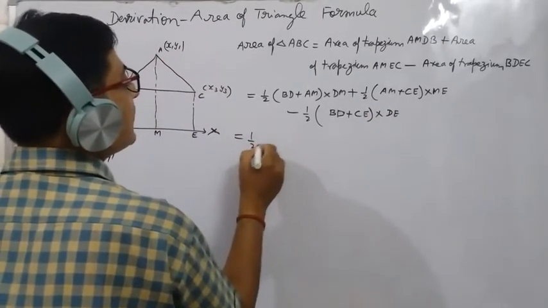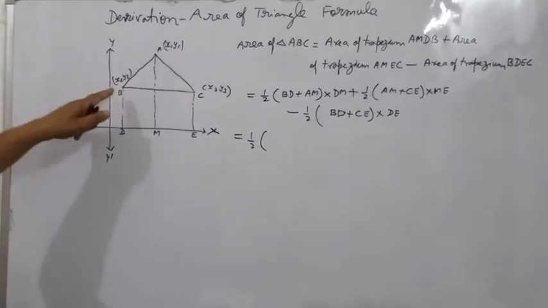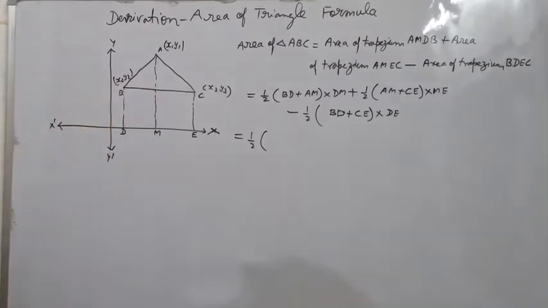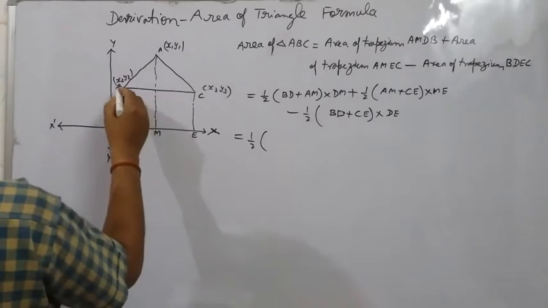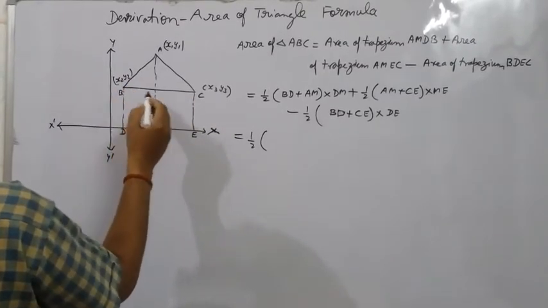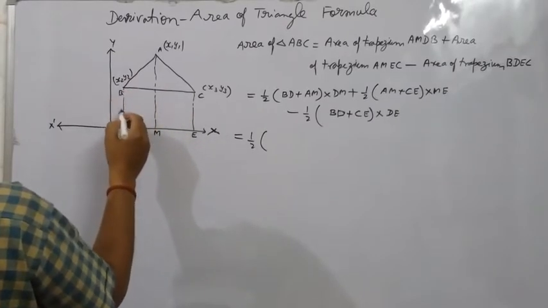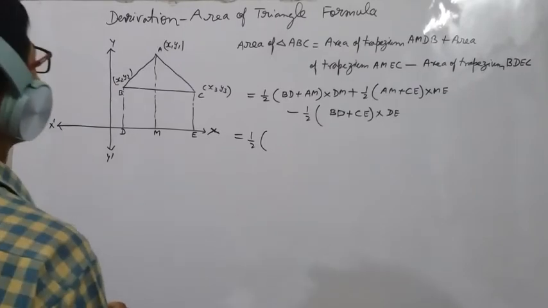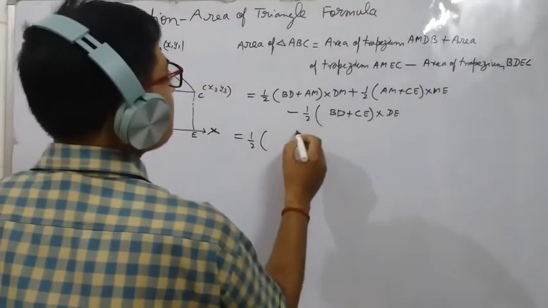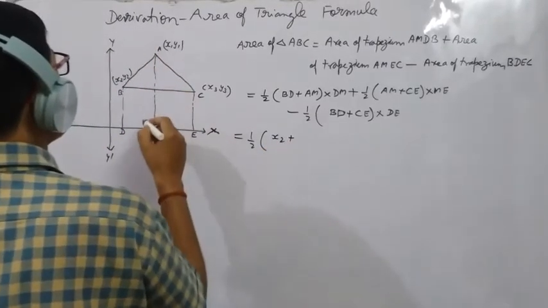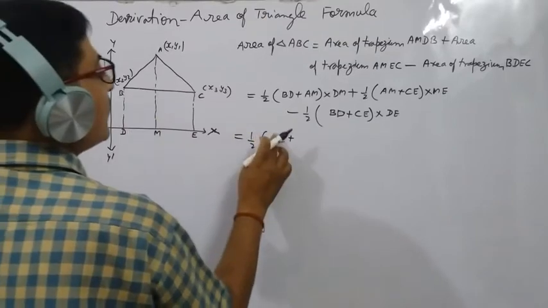Now you have to name them. BD will be the total length. BD is not x2, that is y2, sorry.